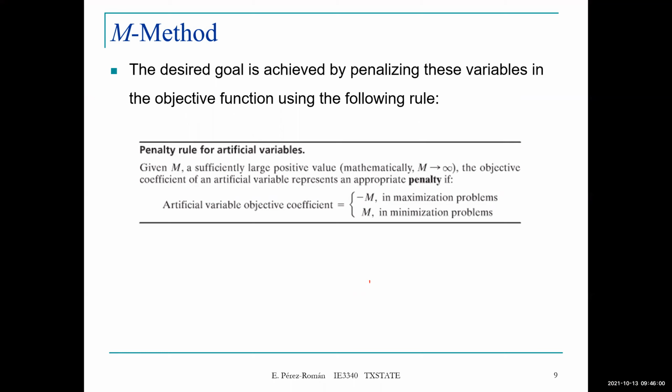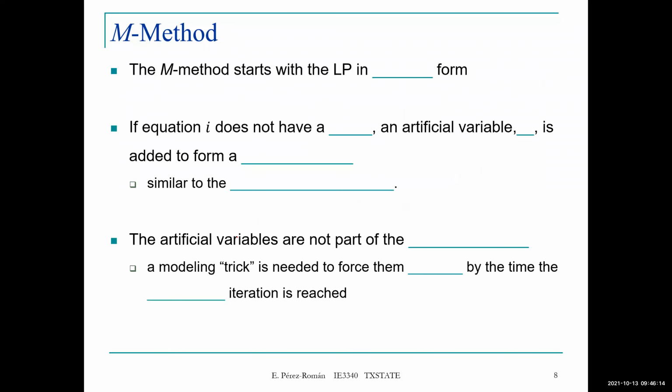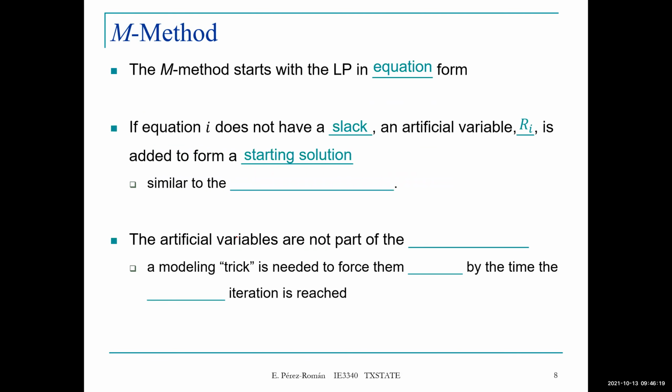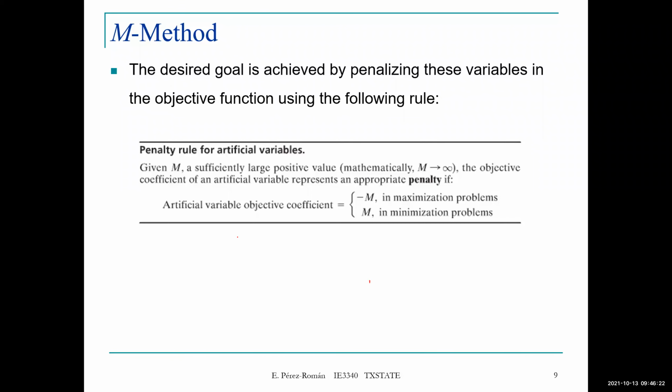Okay, so again, we want to generate these artificial variables and we want to penalize them in the objective function. Penalizing them in the objective function is going to force them to be zero by the time we reach the optimal solution. So if you have a maximization problem, let's say 2x1 plus 5x2, you want x1 and x2 to be as big as possible, right?